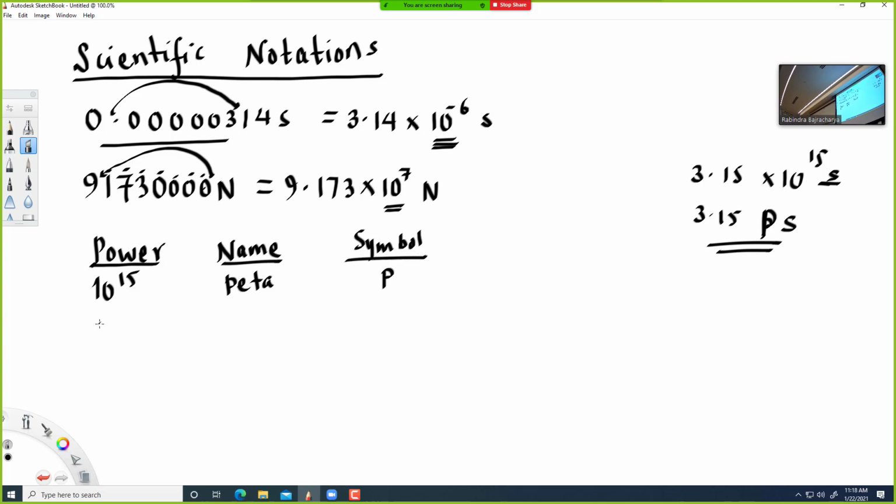If you have 10 to 12, it is tera. Like you have a hard drive of 100 terabytes or something like that. That's tera, 10 to 12 bytes, and that's capital T. If you have 10 to 9, it's gigahertz or gigabyte, so that's capital G. If you have 10 to 6, that's mega.